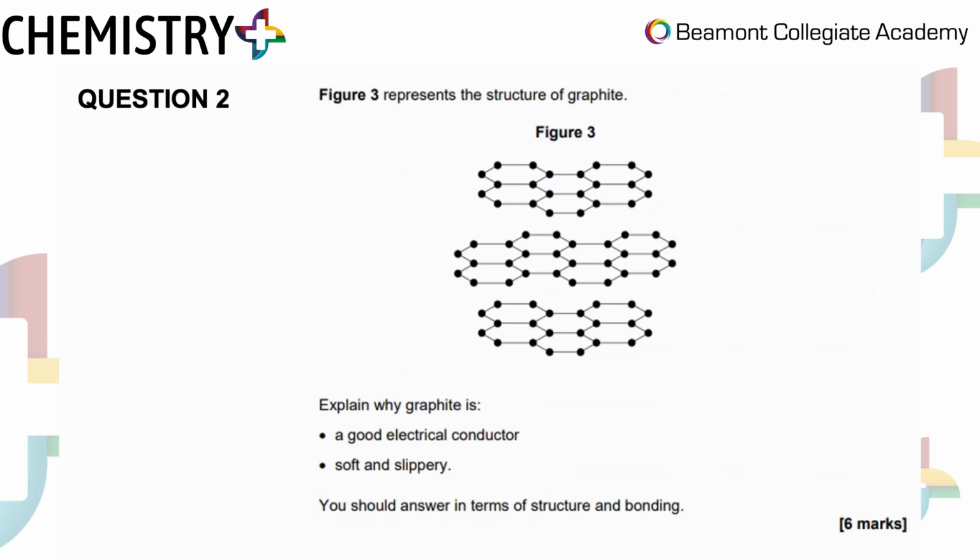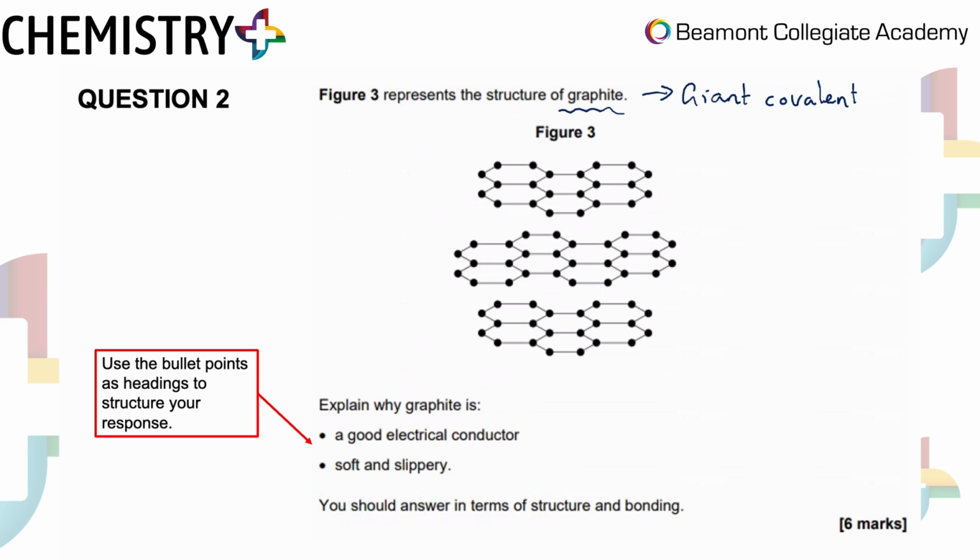Question number 2. So we are looking at graphite, a giant covalent structure. If you haven't already looked at the table, look back and get yourself familiar with giant covalent structures.